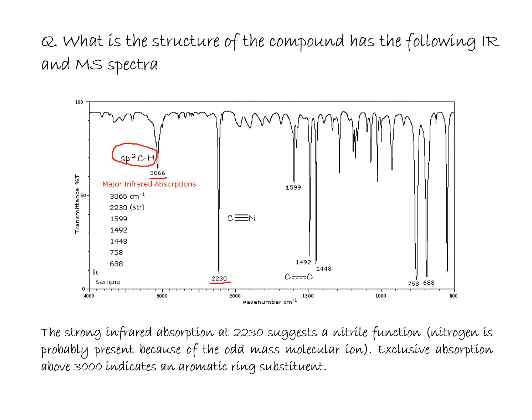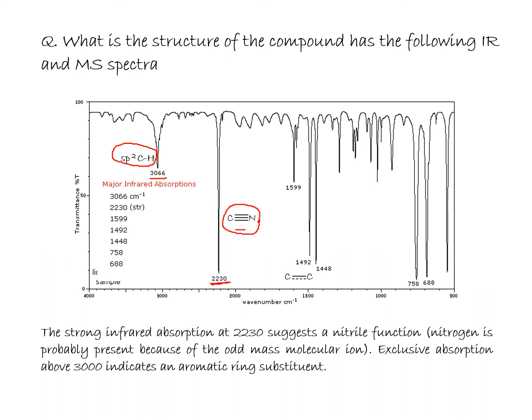We have a peak in the zone of carbon triple bond nitrogen at 2230, but it seems so strong, which suggests that it is most likely C triple bond N rather than C triple bond C, because C triple bond N is more polar, and we have mentioned that the greater the change in polarity, the greater the intensity of the peak.